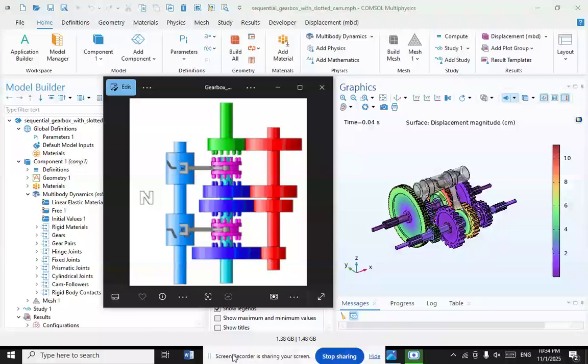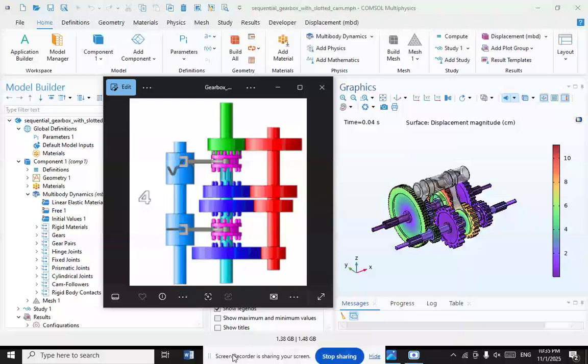This example illustrates the modeling of a sequential manual transmission where the gears are selected sequentially with the help of a rotating drum. The shift drum has two grooves of a specific profile carved around the circumference.